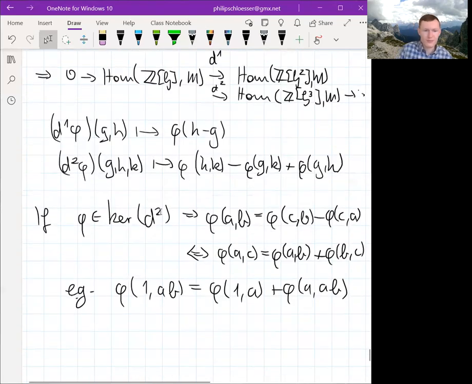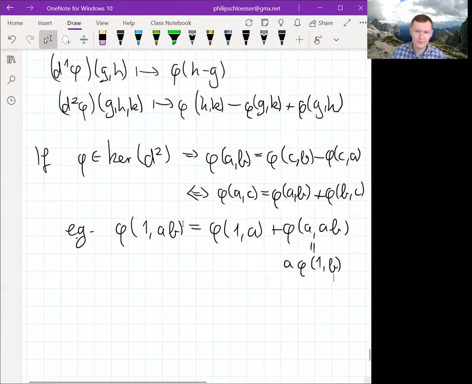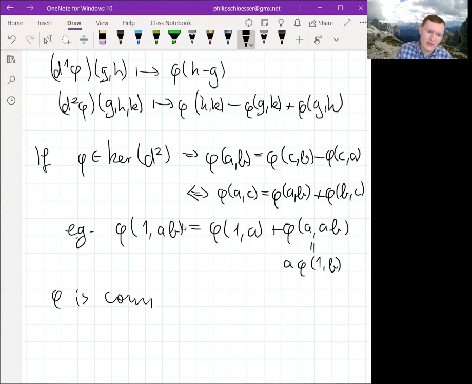The fact that those things are all morphisms now means that we can pull out a factor of G if it's at the beginning of every one of those things here. So this is now equal to A phi of 1 and B. And this also means that phi is completely determined, because we can always divide by its first argument.